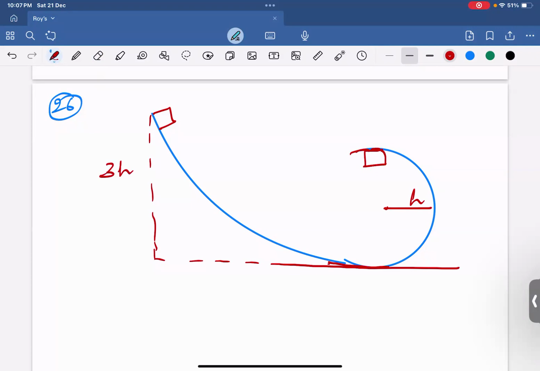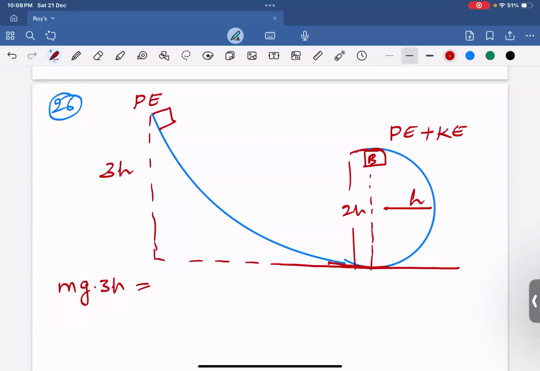First of all, we can conserve the energy because based on energy, at this point it is having potential energy nil, and at this point B, it has a potential also and some kinetic energy also. So if I conserve between this point and this point, then I can say initial energy is here mg into 3h, and here the energy will be this, as the radius is h, so it means that this complete is diameter, that will be 2h.